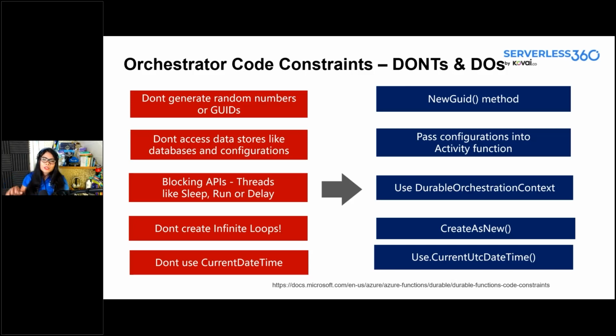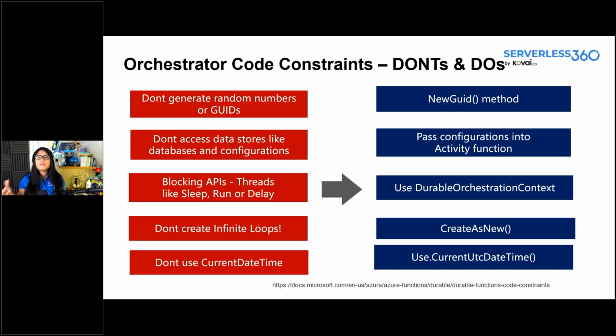So what you can do, for these examples, which are just a few of the constraints, is there's an option in .NET at least. There's a new GUID method if you need to do random numbers or GUID. And instead of having your configuration in the orchestrator function, you can have it in your activity function.